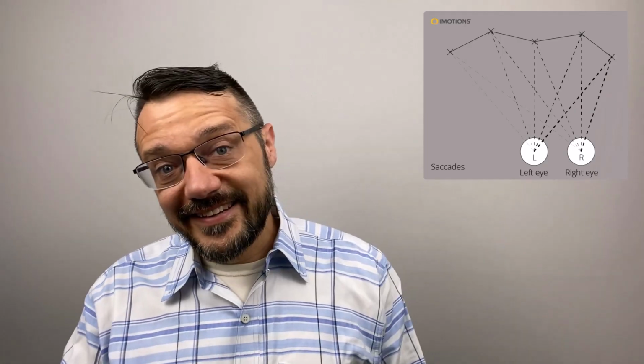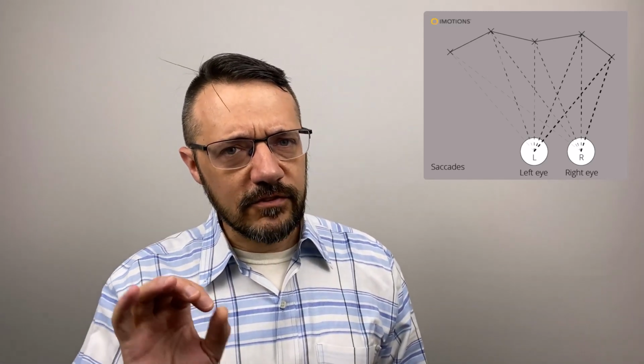The final example of a challenge of getting visual information through a set of human eyes is what's called eye saccades. And I gotta be honest, this one is a little bit funny because when people first learn about it, they're surprised to realize that it even exists.